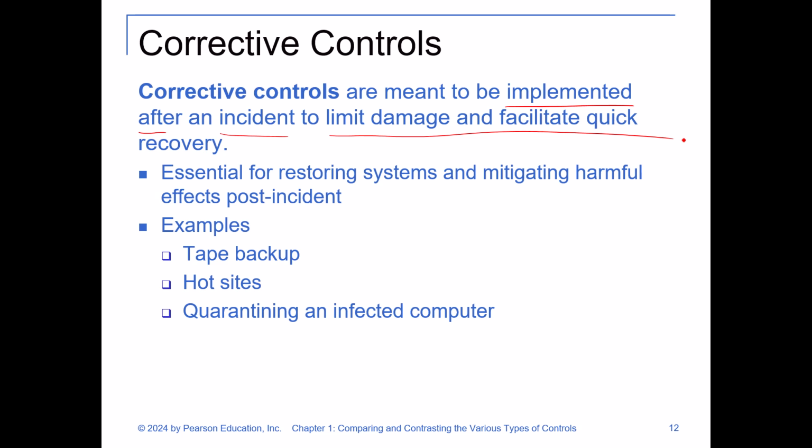If our primary location goes down, do we have a way to be operational tomorrow? That would be a hot site. Maybe if we know that a computer gets a virus, we quarantine it. So quarantining infected devices, those would be corrective controls. Again, these are controls implemented after a situation.